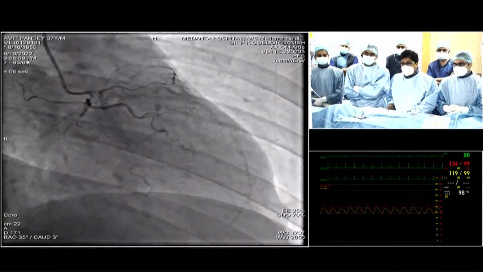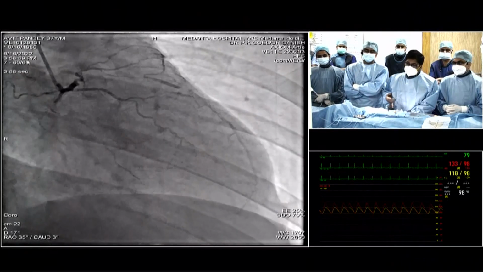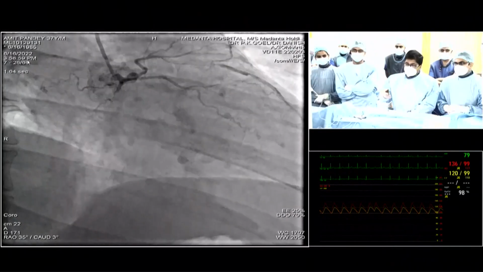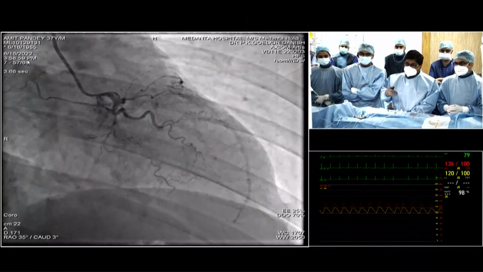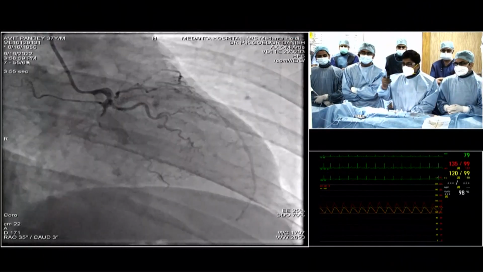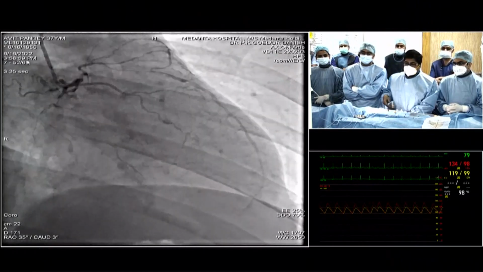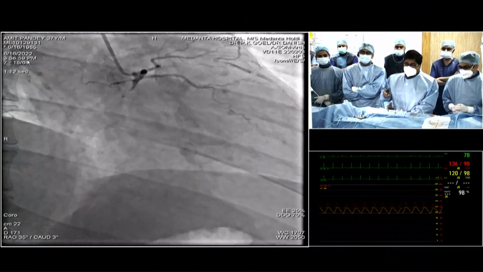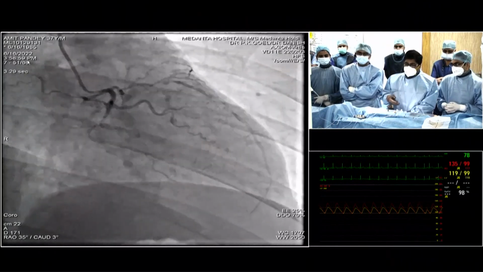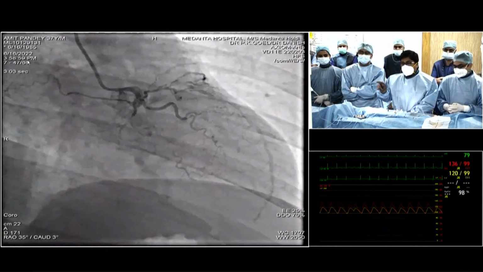Actually, I totally agree with you. There has to be contralateral access, so that's what we have planned, we have done. Because the collaterals are coming from the right, but I'm sure these collaterals cannot be used for retrograde tracking. So I would choose a diagnostic catheter on the right so that we have smaller systems inside, and for the left, we have a guiding catheter.